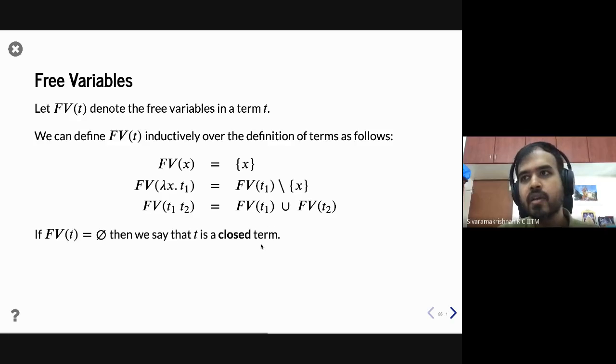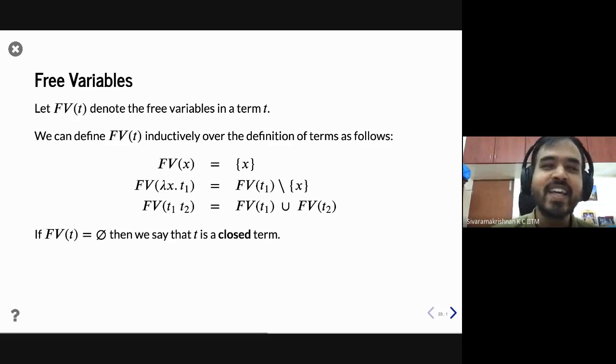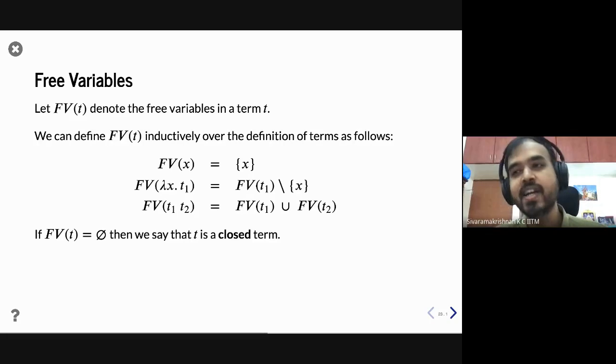Okay. Raghu, I think you're asking a really good question, right? Raghu is asking, is lambda x dot y a valid term? In order to answer that, you need to tell me what valid is. It is certainly a lambda term in the sense that it type checks, right?